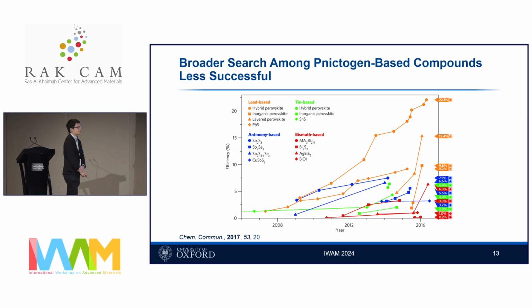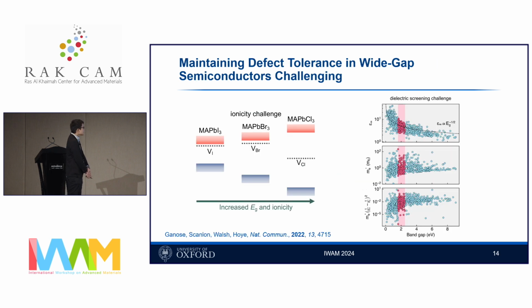So we want to try to understand why that is, and whether defect tolerance can be found in all these bismuth-based compounds, or whether there are other factors involved which also play an important role. So this is a recent commentary that I wrote with Aron Walsh and David Scanlon, along with Alex Ganose. Together, it gives an experimental and theoretical viewpoint around defect tolerance and some of the other factors that could be involved.